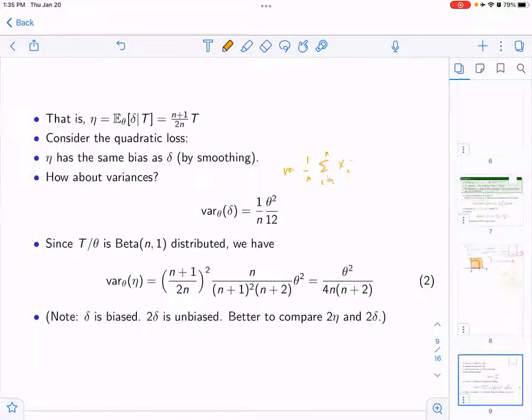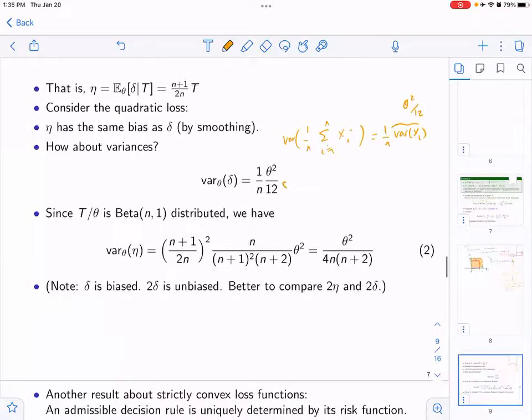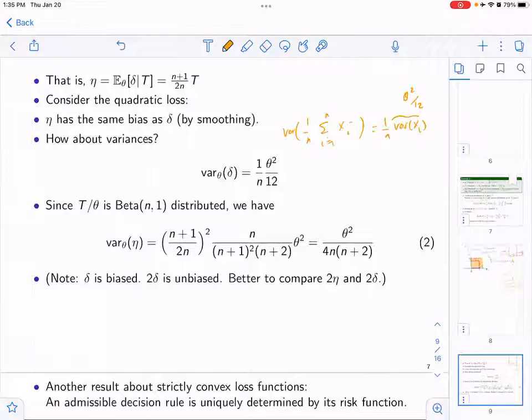The variance of this would be 1 over n times the variance of one of them, and this is easy to compute. It's theta squared over 12, the variance of a uniform distribution on 0 to theta. So that's the variance of delta. And for the variance of t, which is the maximum of a bunch of uniforms, you can easily compute it. We get this squared, this comes out, and the variance of t.